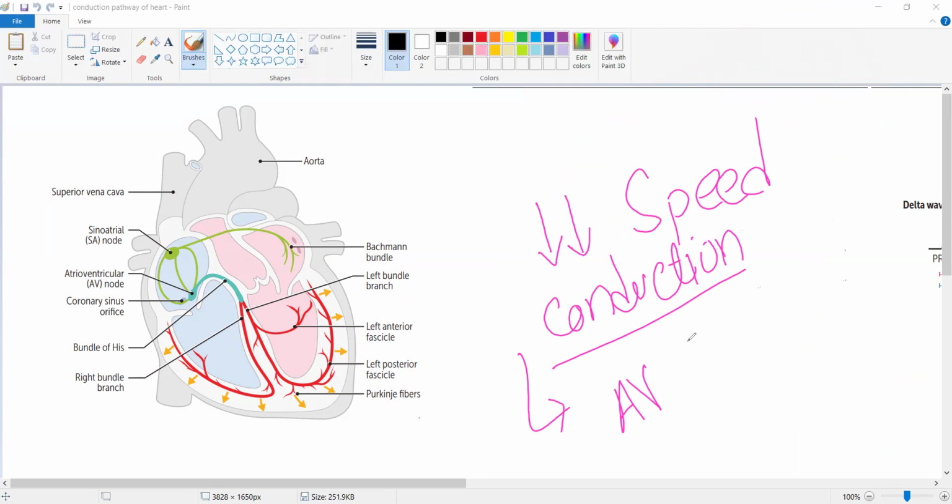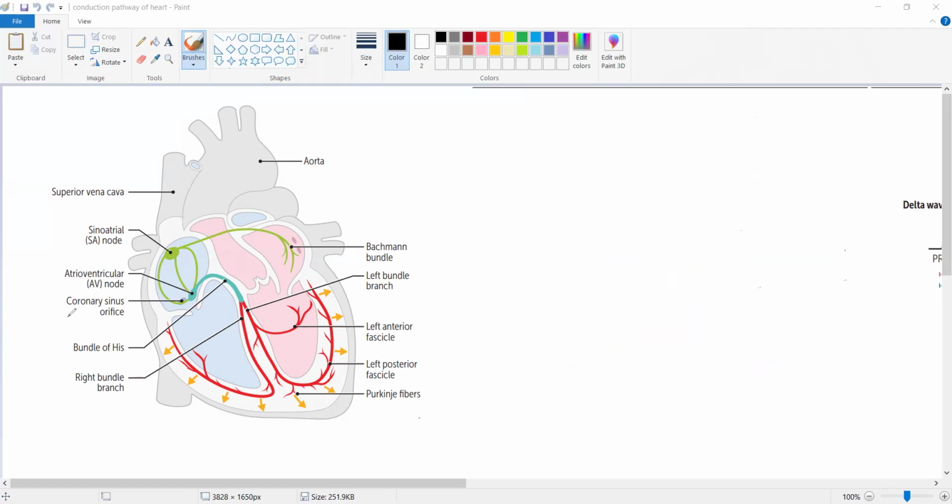And which part of the heart has the highest speed of conduction? The Purkinje fibers, and also the bundle of His.